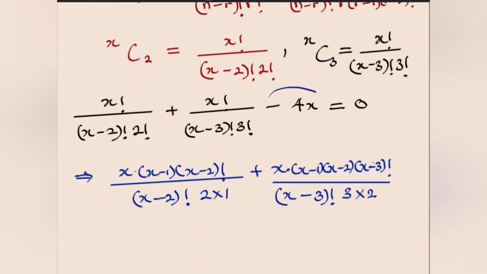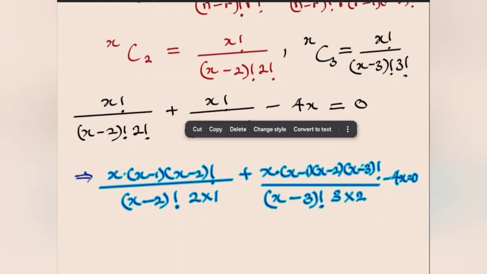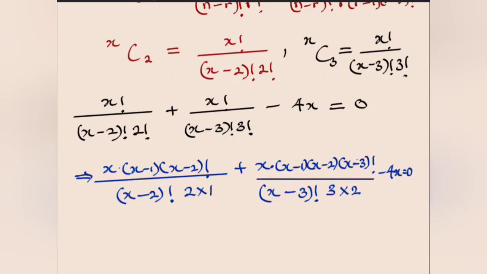And we should not forget minus 4x is also here, then minus 4x equals 0.